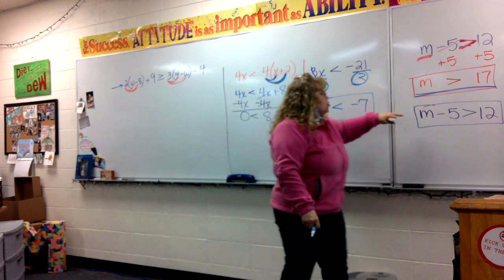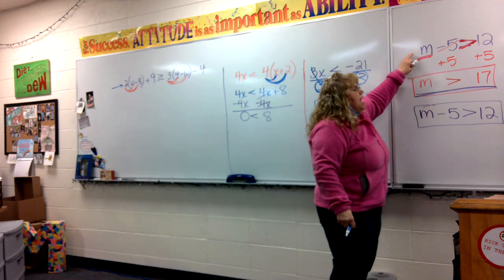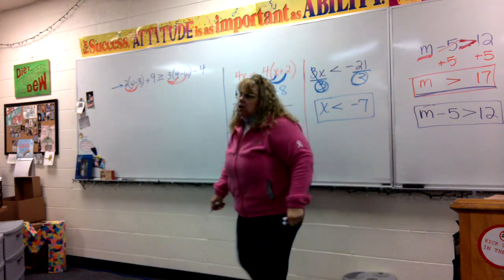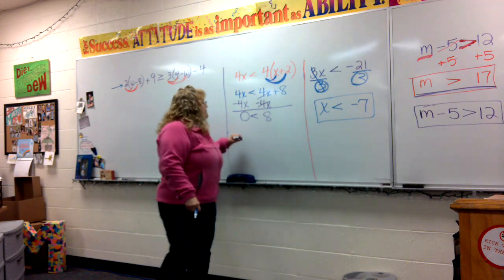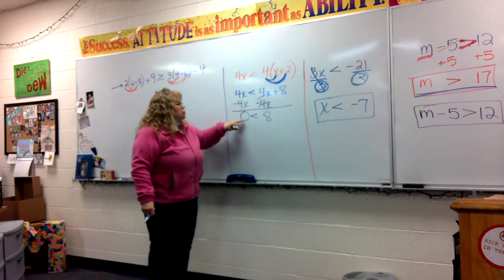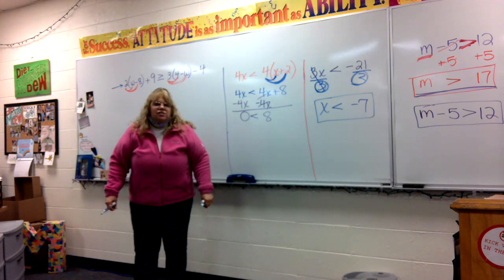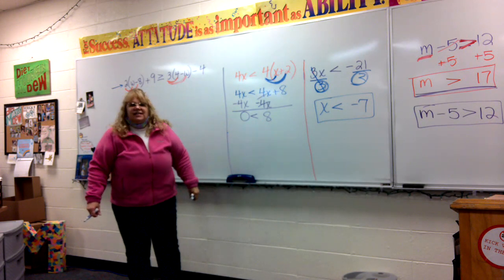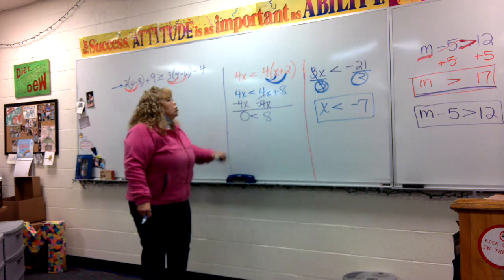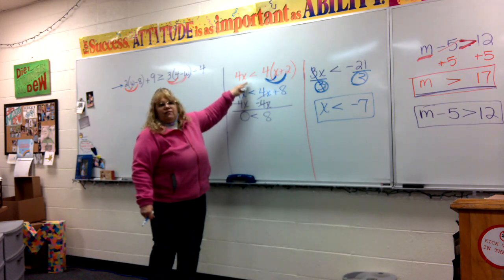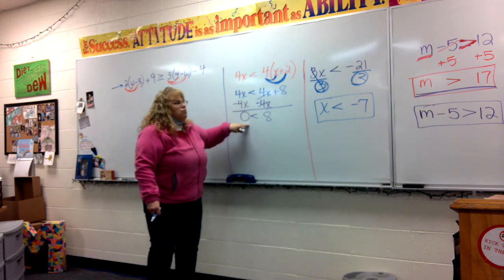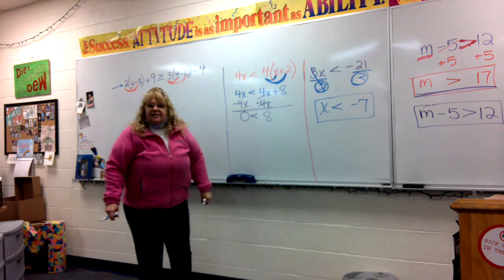Just like we picked 20 and plugged it in here, and it was true. We are looking for a value of x that will make 0 less than 8. Well, guess what? 0 is always less than 8, right? No matter what value we pick for x, 0 is going to be less than 8.